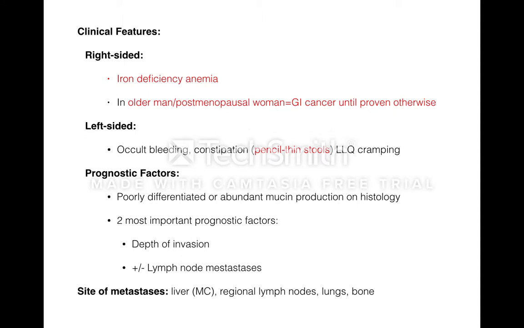They can also have constipation and pencil-thin stools, and this is the result of the way the tumor grows and constricts the lumen. The most important prognostic factors are depth of invasion and whether or not there are lymph node metastases. Poor differentiation and abundant mucin production on histology also indicate a worse prognosis.